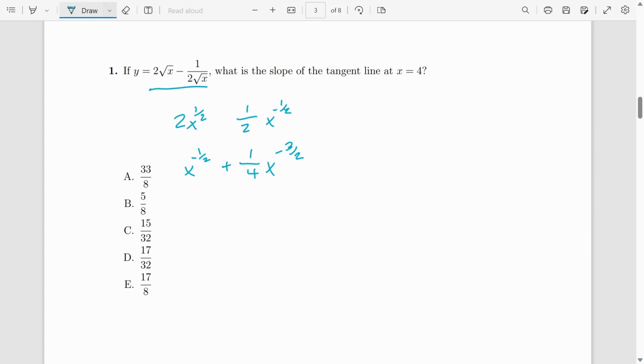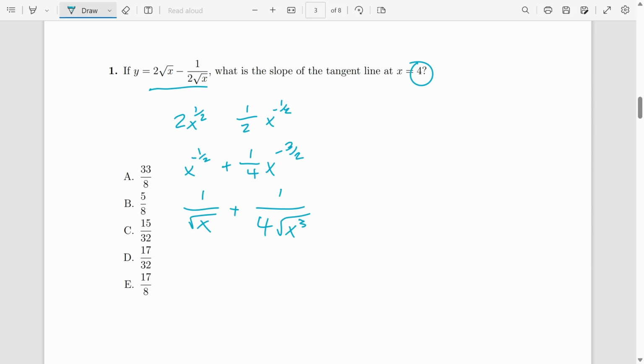The x to the negative 1/2 is the same as 1 over the square root of x, and then plus 1/4, so this would be 1 over 4 times x to the negative 3/2. That's the same as x to the positive 3/2 in the denominator, which is the square root of x cubed: the 3 is the power and the 2 is the square root. So that's where those come from, and now we can plug in 4 and we'll get our answer.